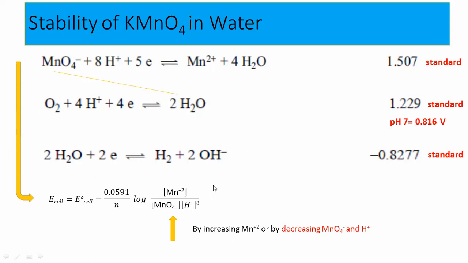So how can you reduce this one? This is one of the options. You can increase the concentration of Mn plus 2, or decrease the concentration of MnO4 or the hydrogen ion. Then this cell potential will decrease.